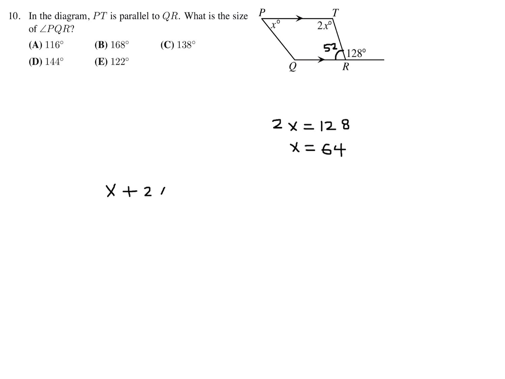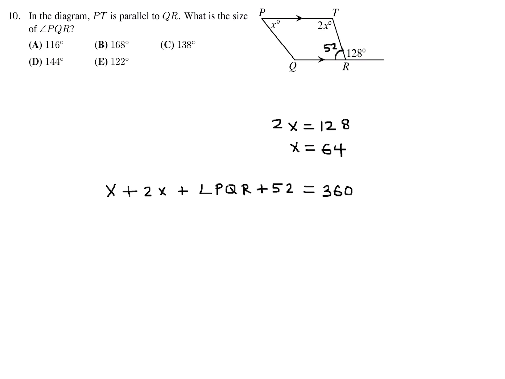X plus 2x plus the PQR that we are interested in plus 52 is equal to 360, right? Because those are essentially two triangles. You can cut that shape like that and it'll be two triangles, and everybody knows that the sum of the angles of a triangle is 180.